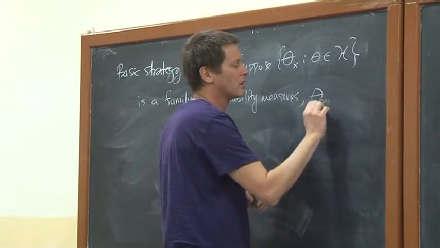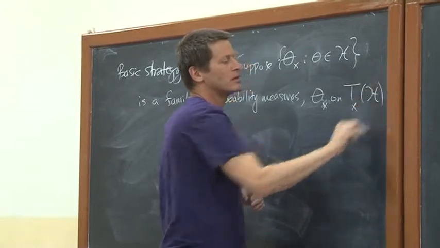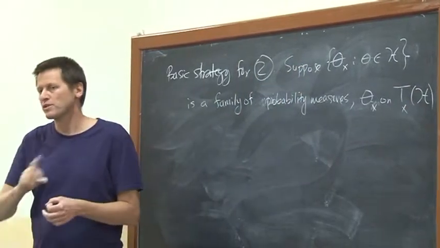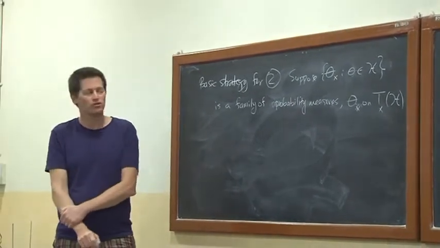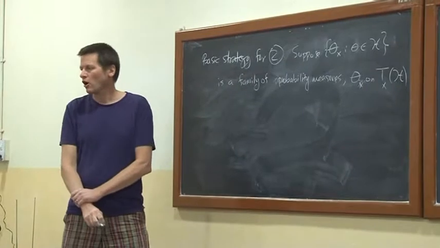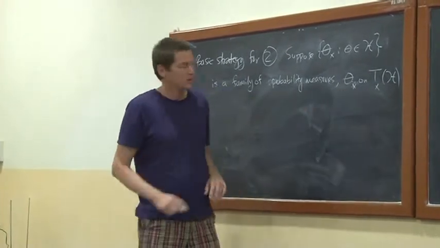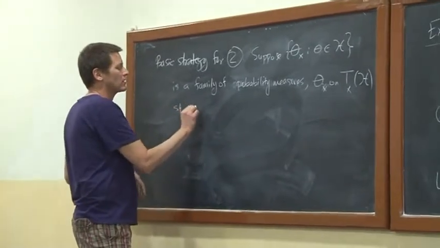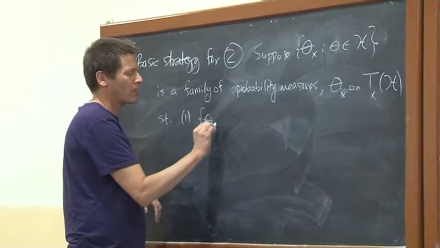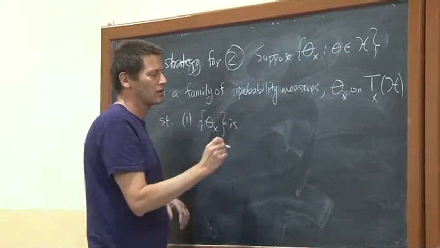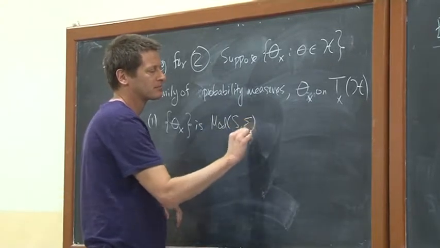Theta x is on the tangent space to the stratum at H. So in other words, I'm picking out a probability measure worth of directions on the tangent space, such that first, this family is mapping class group invariant, and I'll explain what that means.